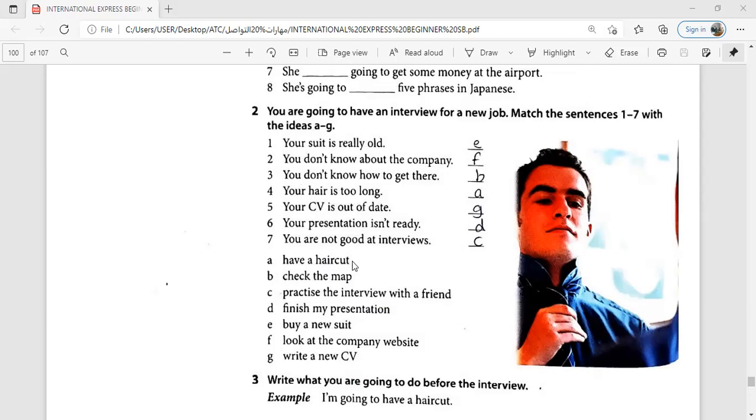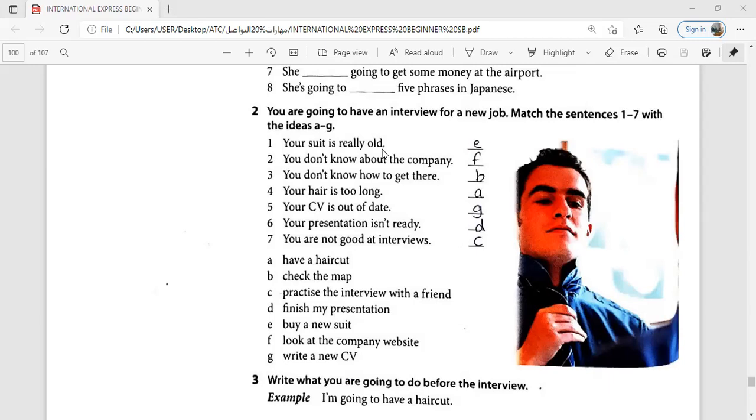I'm going to have a haircut. So the idea is, whenever anyone tells you a problem, this is your plan and intention. So we return again to emphasize using going to plus the base verb. Now, your friend says to you, your suit is really old.